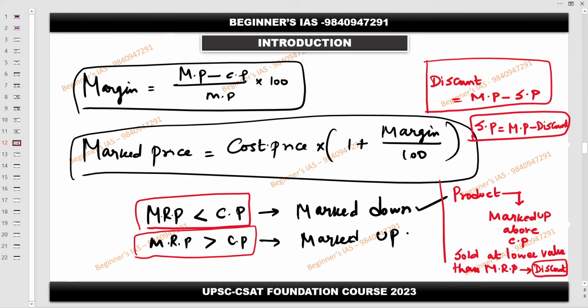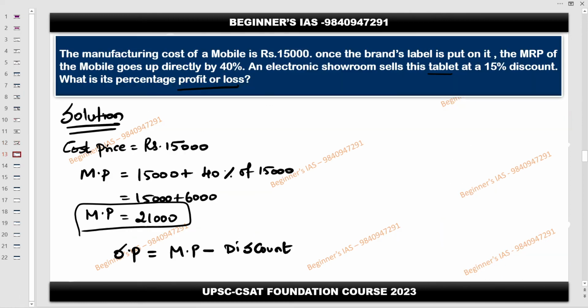Just now you have seen here. So now what is the discount here? Here MRP is nothing but 21,000. Discount is nothing but the 15 percentage. So what is the 15 percentage?